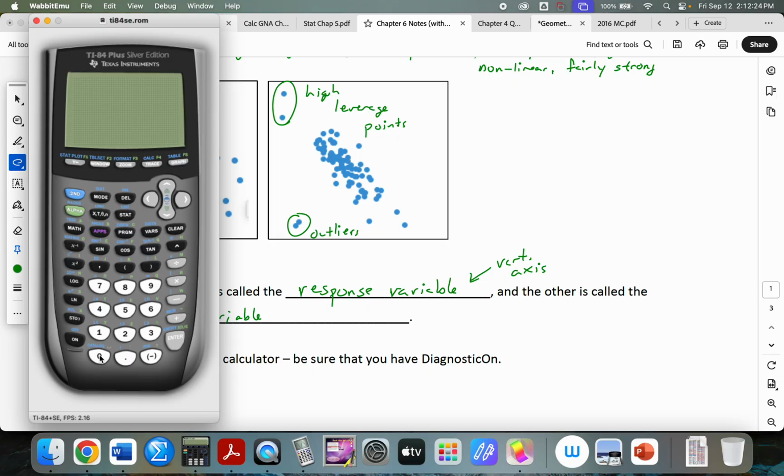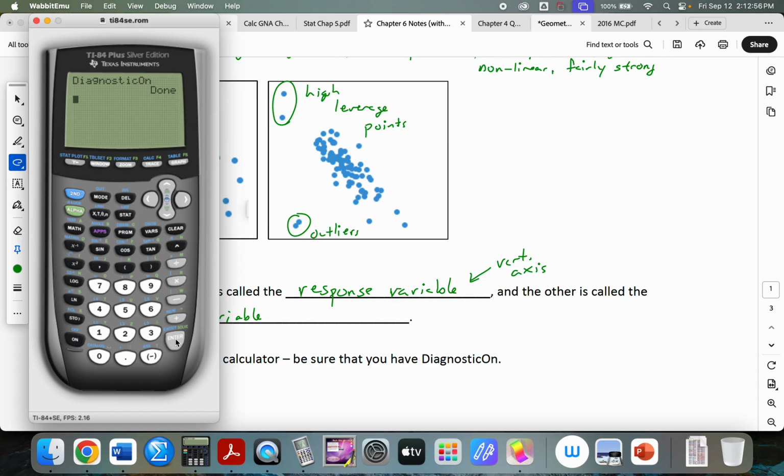So I'm going to do second 0 to go to the catalog. And then rather than having to scroll through all of these, if I can find D, which is right here, that jumps down to the D's, and so I don't have to scroll as far. And you just turn the diagnostic on. You just hit enter and hit enter again.